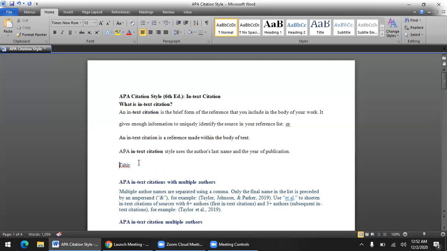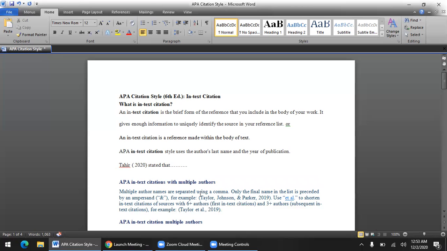Tahir, 2020, stated that, and then write the full detail of what he stated, what he explained, what he wrote. This is the way to cite: the author's last name followed by the year of publication in parentheses.